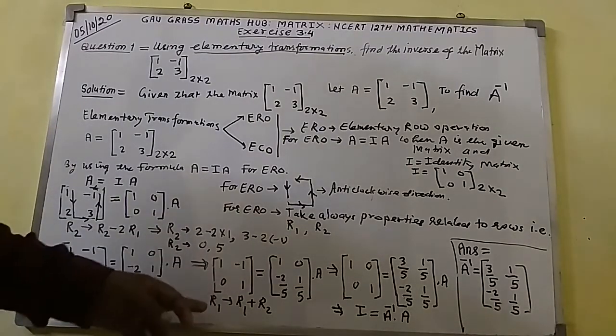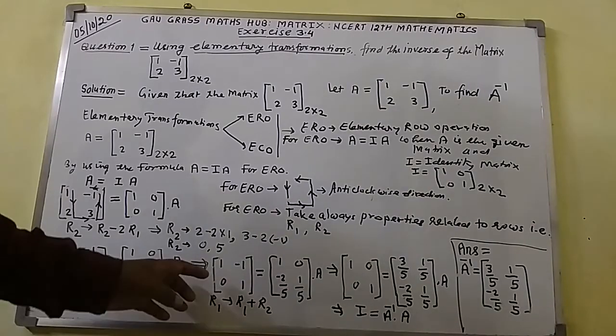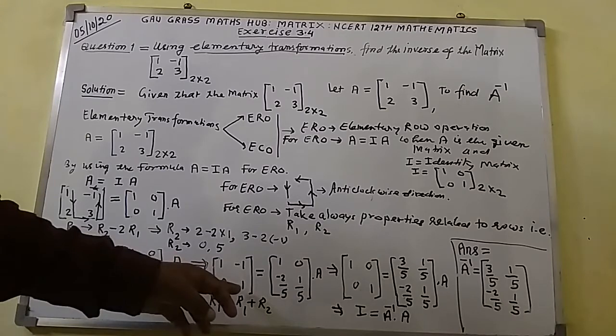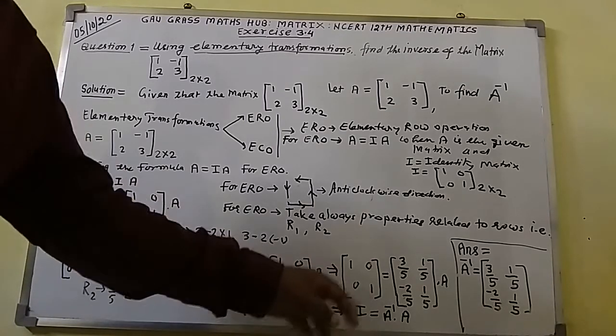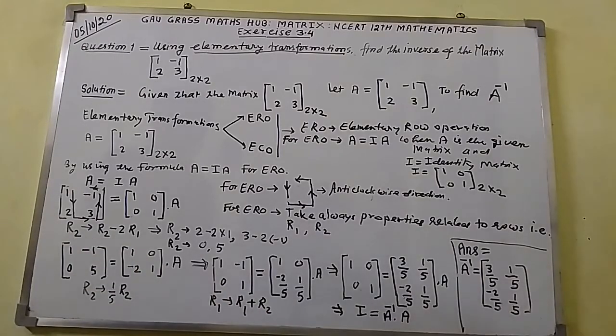So you have got this one. In this matrix you will apply R1 goes to R1 plus R2. 1 plus 0 comes out to 1 here, and minus 1 added to 1 here comes out to 0.